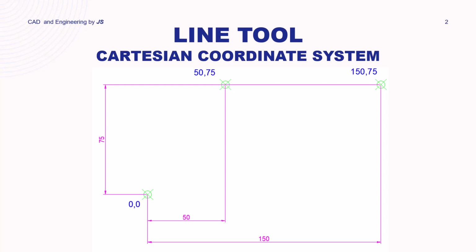The first one is 50,75. In this case, the first number represents the distance on the horizontal x-axis from the origin, to the right, since 50 is a positive number, and 75 represents the vertical distance from the origin, up, since 75 is a positive number.